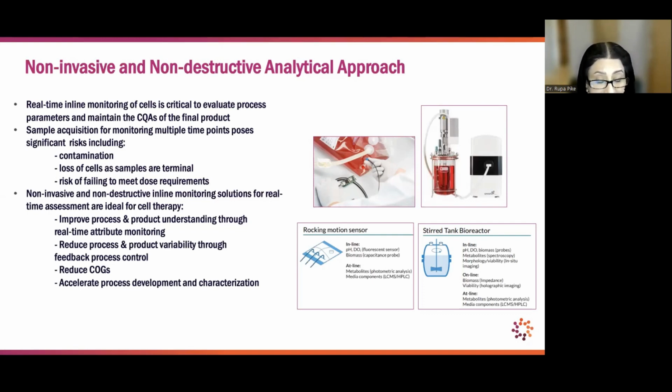And this report is very good because it also shows the data that was generated for CAR-T cells. They also are very valuable in understanding the journey of the cells as they move from one unit operation to the next.